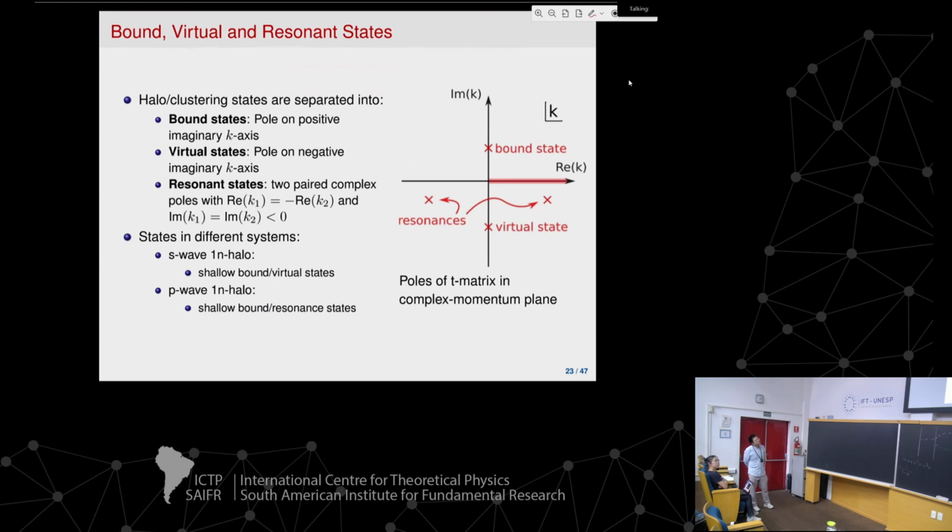So you will have different states for different systems. For one-neutron halos in S-wave, they always show up as shallow bound states or virtual states. But if you go to P-wave one-neutron halos, you will have not only shallow bound states, but also some resonant states coming into your halo physics picture.